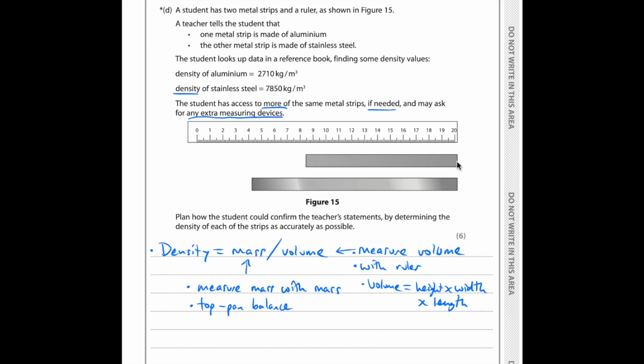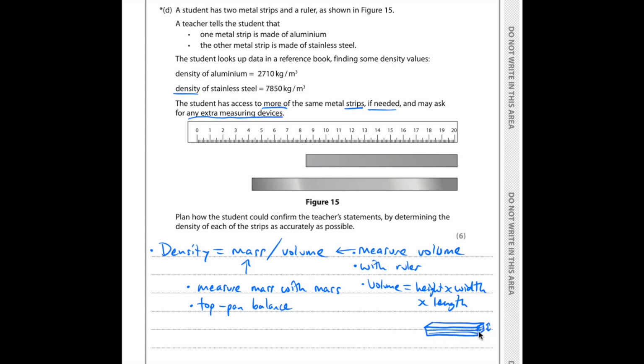Now if these are skinny little metal strips, it says you can use more of the same metal strips if you want. If you're going to use a ruler to measure that, it's going to be tiny, so you probably want to get a pile of them.